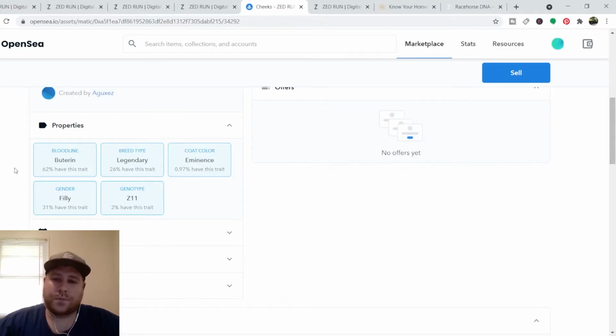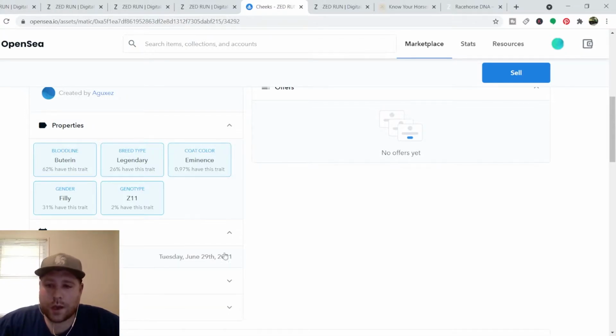For Zed Run, it doesn't mean a lot at all because there's so many horses being bred. So these numbers are going to fluctuate, they're going to be skewed, and they're always going to be changing. And really, how many are fillies versus whatnot, it doesn't really matter that much. We'll be going over the difference between a filly and a mare, colt and stallion, so just wait a minute.